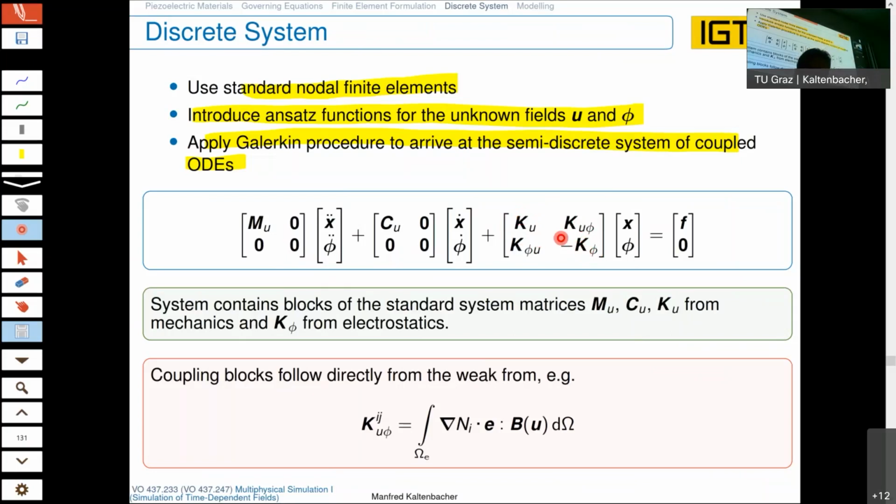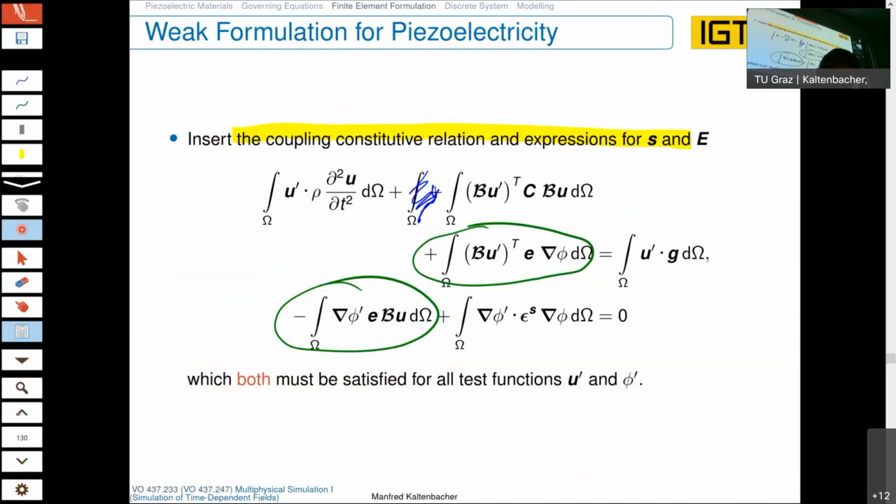And in order to get symmetry in this extended stiffness matrix, we have multiplied here with -1. That is why a minus is here. Let's look back. You see, you have once the coupling with a plus, once the coupling with a minus.